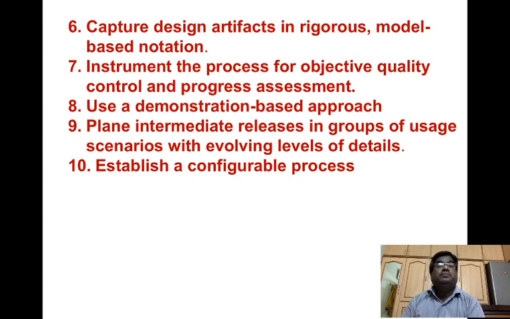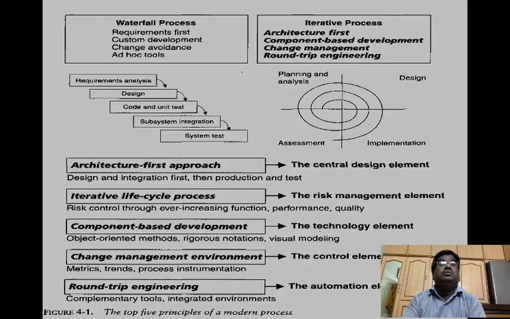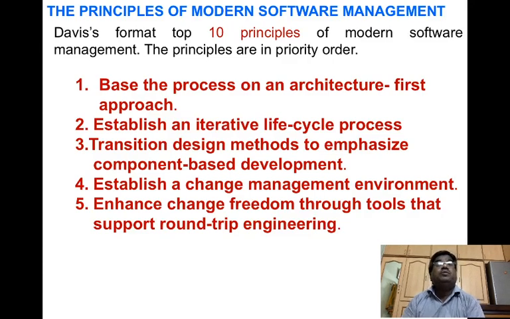Ninth, intermediate releases in groups of usage scenarios with the evaluation of levels in detail. 10th, establish a configurable process. All these 10 principles are useful for the modern practice system. Davis proposed all these 10 principles to build a good project for different clients.